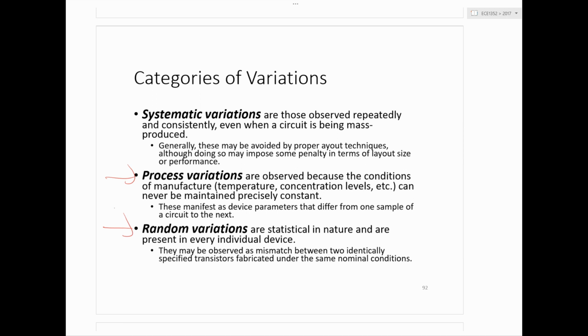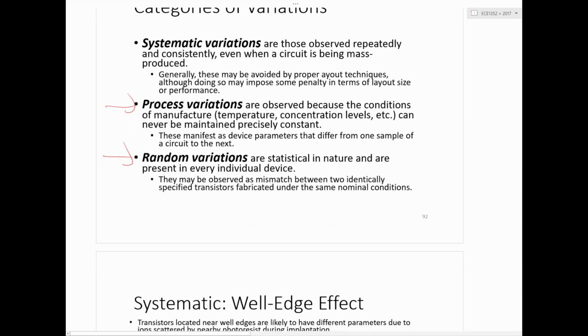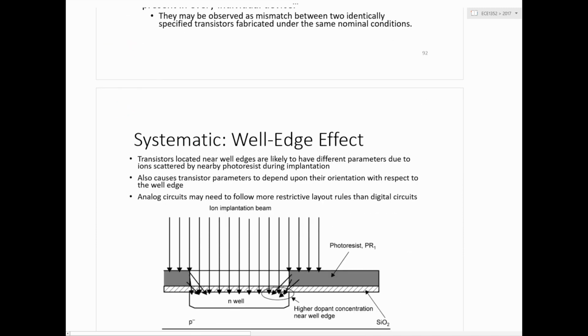But still, there's just going to be some statistical variation from one to another on the same chip, just because of, let's say, variations in dopant concentrations from one part of the chip to another, or we talked about gradients that can arise across the chip. All these things can cause random variations.